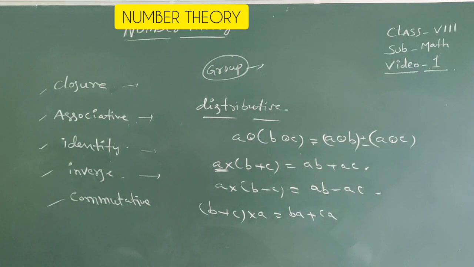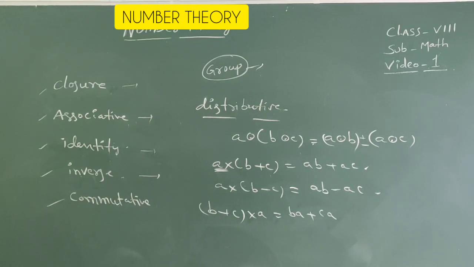Integers is a group with respect to addition because it satisfies closure, associative, identity, inverse and commutative properties. Identity 0 is present in integers. Inverse: for any integer there is an additive inverse. Next commutative, a plus b equal to b plus a exists.